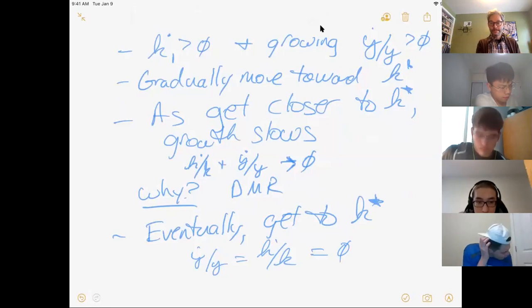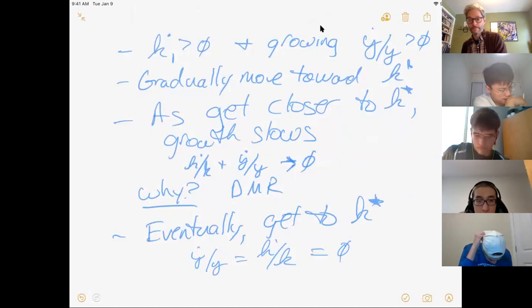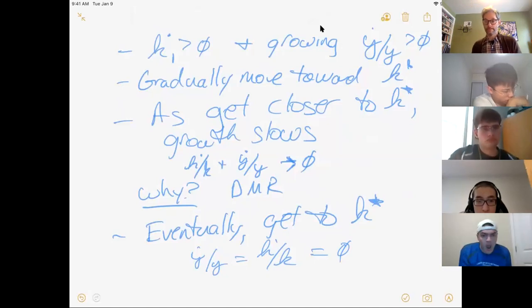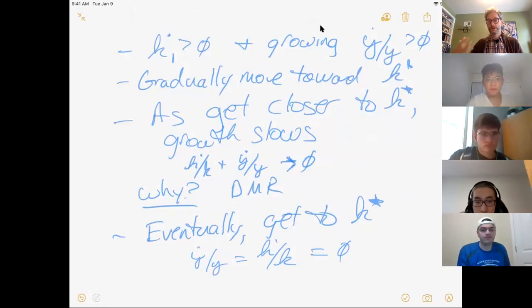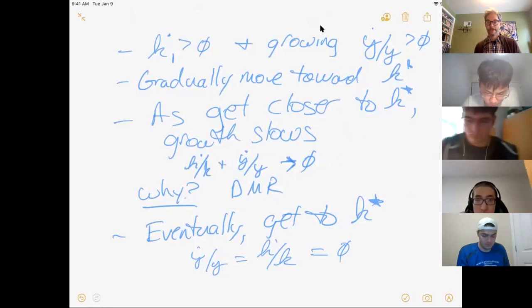So basically you transition. There's a series of short-run equilibriums moving you toward a long-run equilibrium. The long-run equilibrium is the steady state. The short-run equilibriums are where you move period by period towards getting to that steady state, okay?